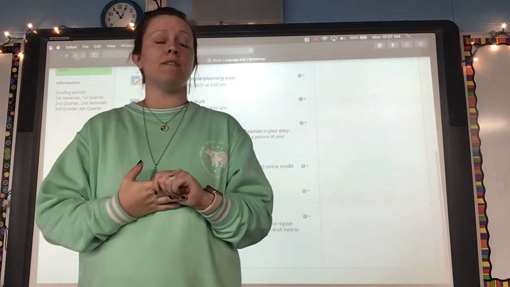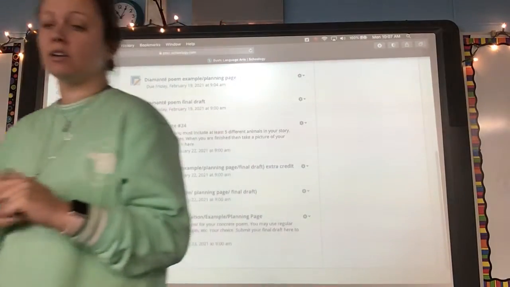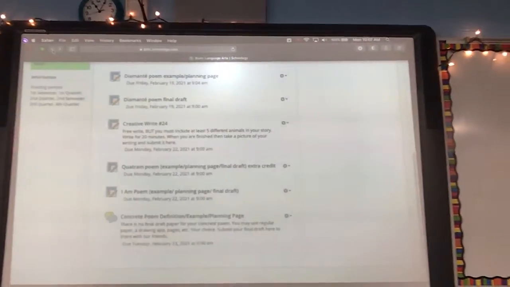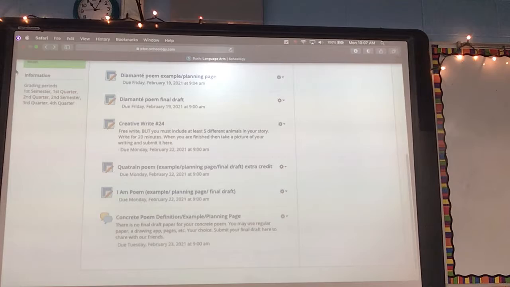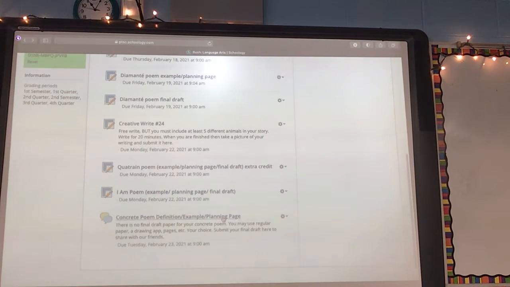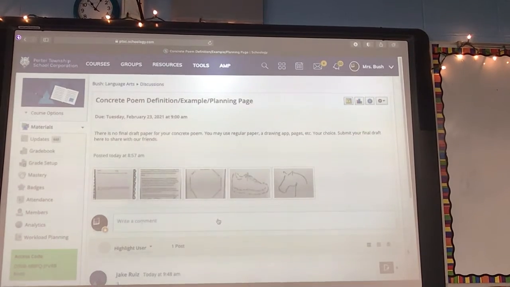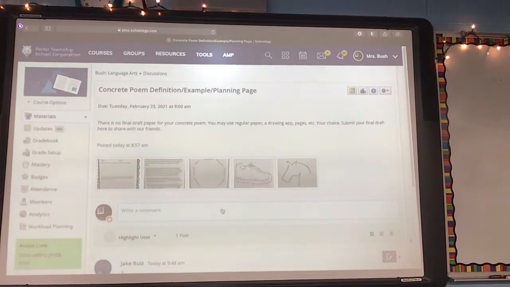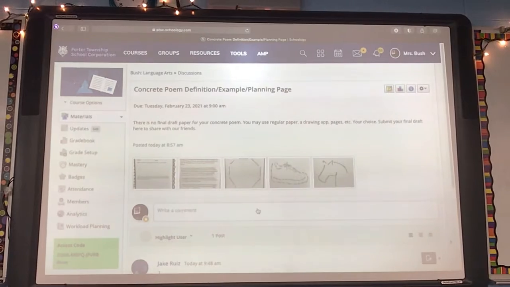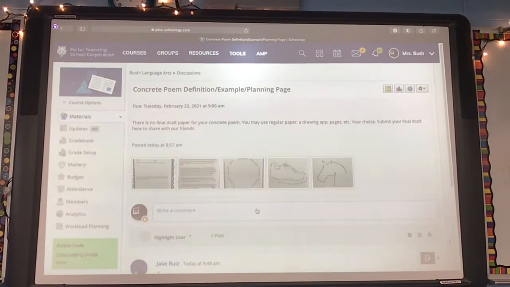You also have a poem today called Concrete Poem. On Schoology, I made this into a discussion so that when you are finished with your final draft and you share it, you can also take a look and review some of your friends' concrete poems that they submitted.